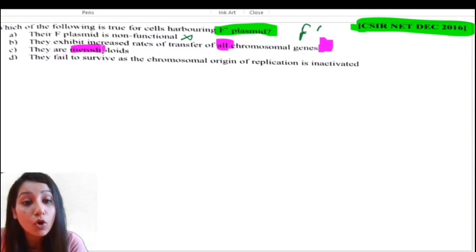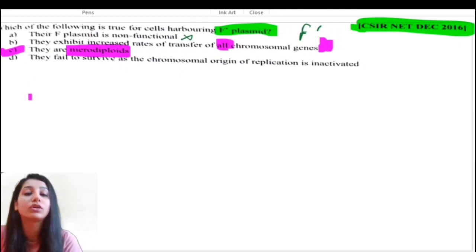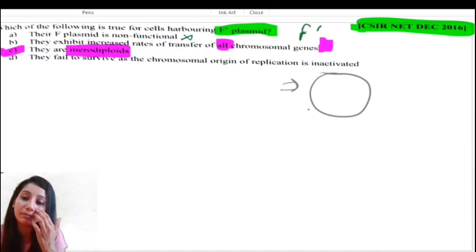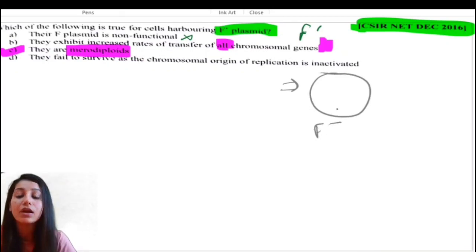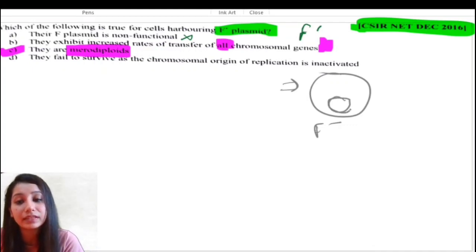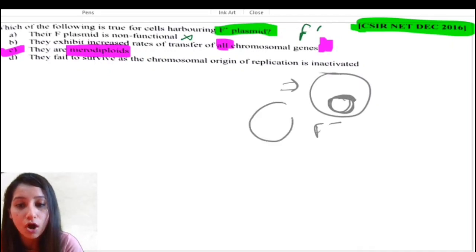They are merodiploids. This statement is totally true. I have said in the previous video that if the F prime plasmid is transferred into an F negative bacterium, then what will happen? It will contain the plasmid that is being transferred, with a little amount of the genes of the previous F prime plasmid.